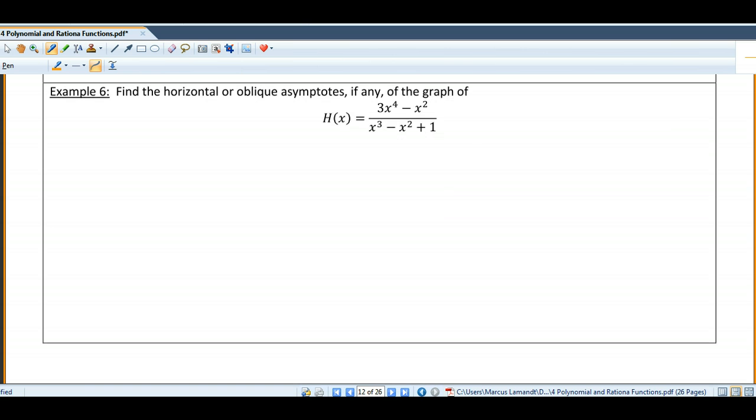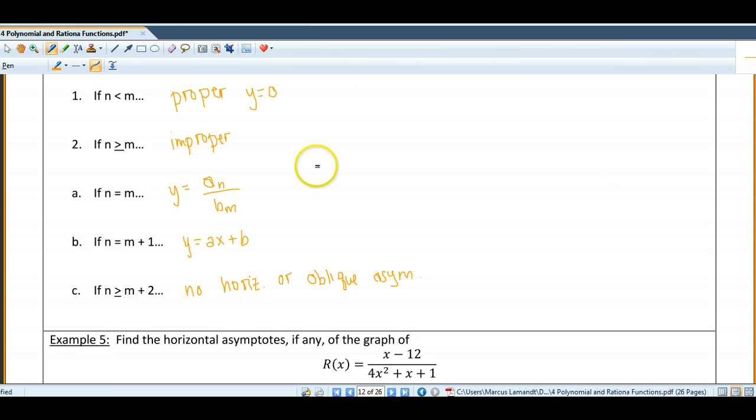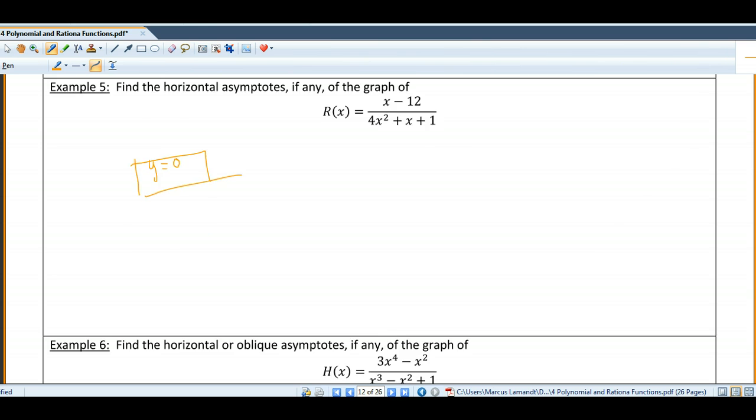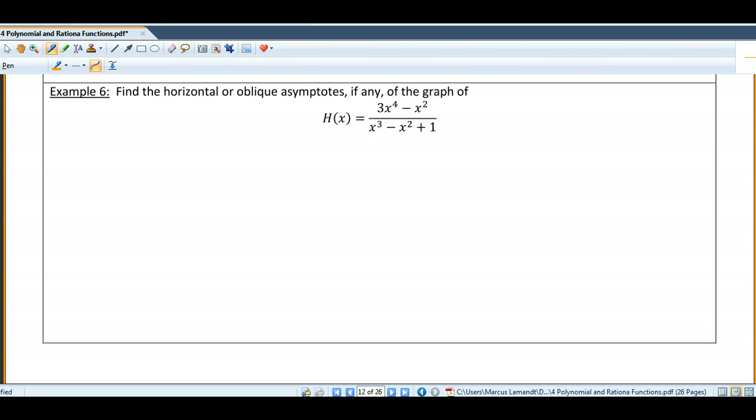Okay, so to find the horizontal or oblique asymptotes, in this case, where the degree of the top is 1 more than the degree of the bottom, we know from this that we're going to get some line, y equals ax plus b, but we don't know what a and b are. So, hopefully you guys remember from Algebra 2 how to do long division.